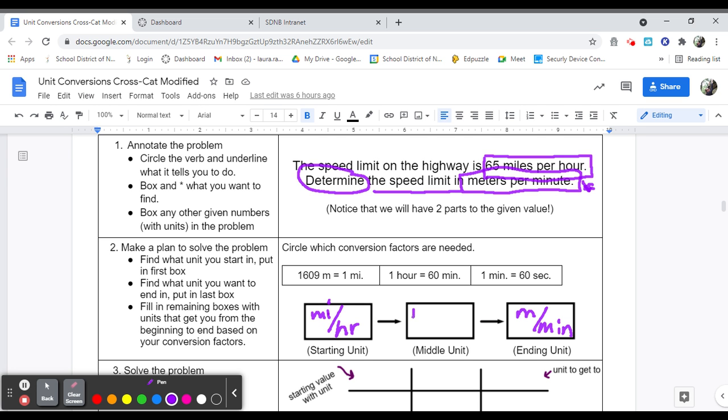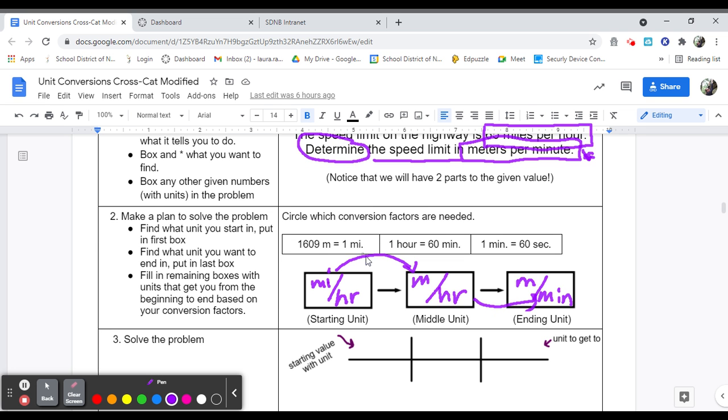So we're going to go miles to meters first. I can only do one unit at a time. So first I'm going to go from miles to meters. Then I'm going to go from hours to minutes. So I really only need kind of like 2 conversions in this one.